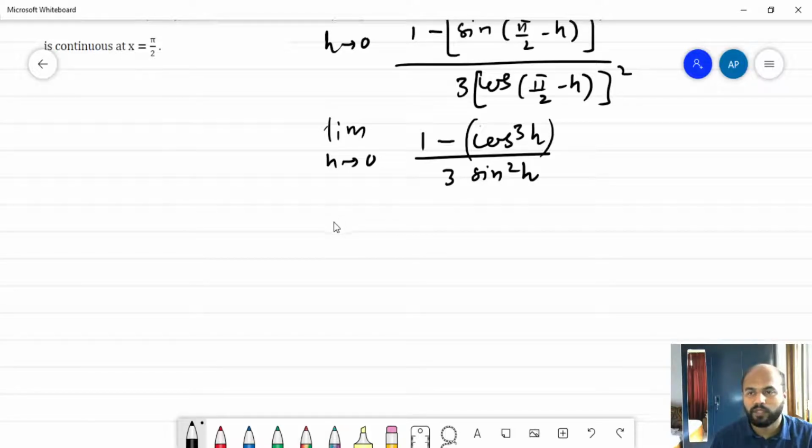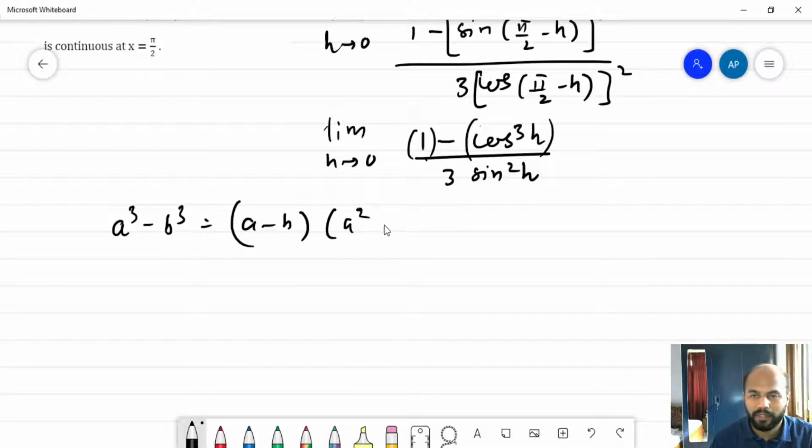So we have to do something over here. We can apply the a cube minus b cube formula, which is a minus b into a square plus ab plus b square. Let's try this and see what happens.